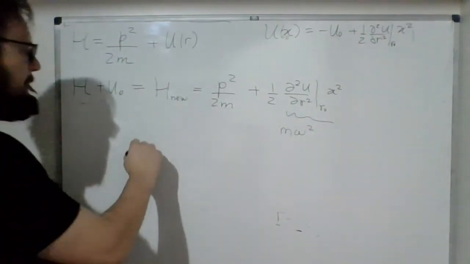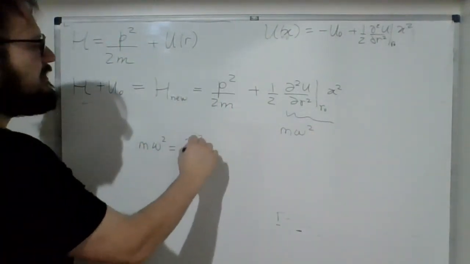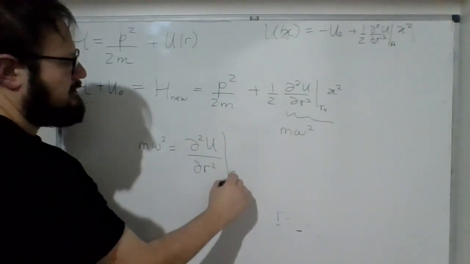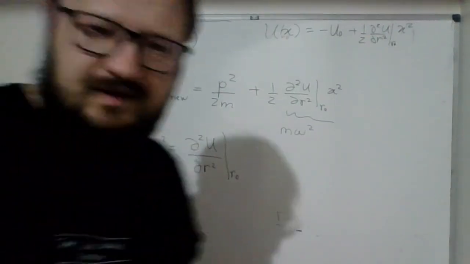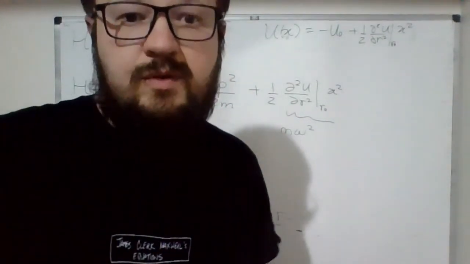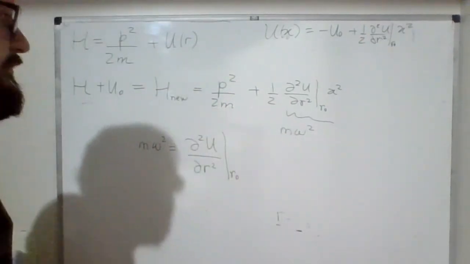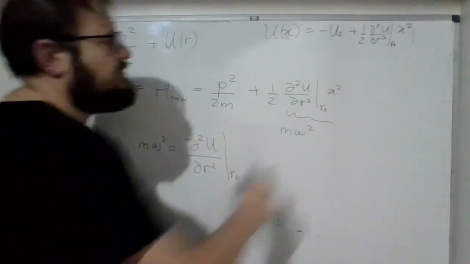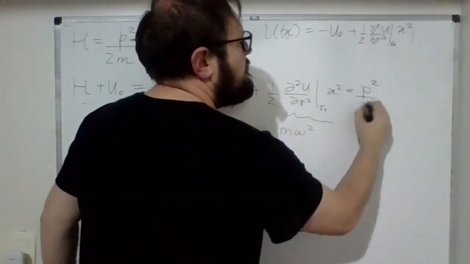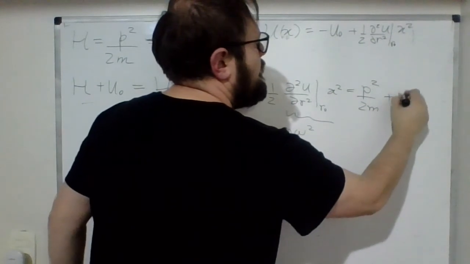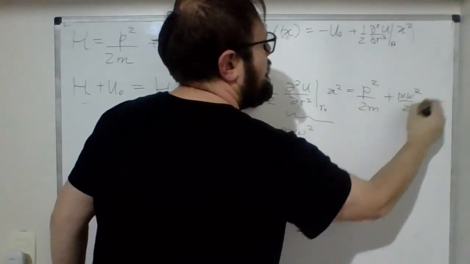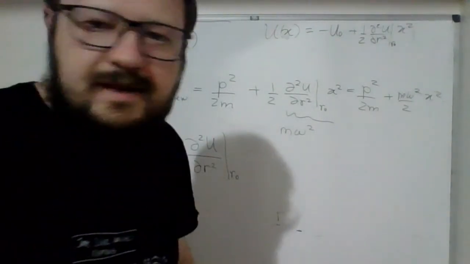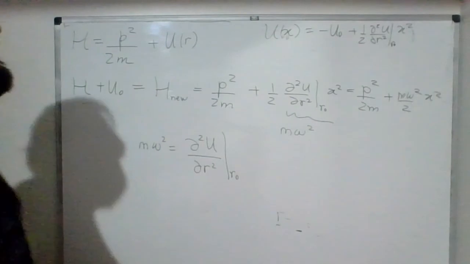So m omega squared is just related to the second order derivative of the potential in this scenario with respect to position. All right? And this is it. So your Hamiltonian will correspond to a harmonic oscillator. This half factor was already there, and you have this thing here.